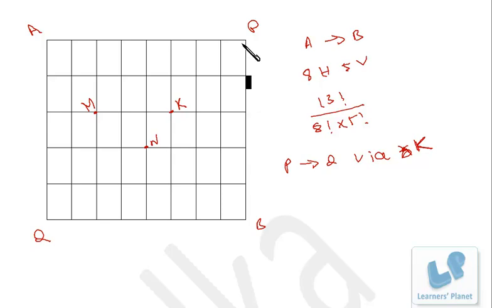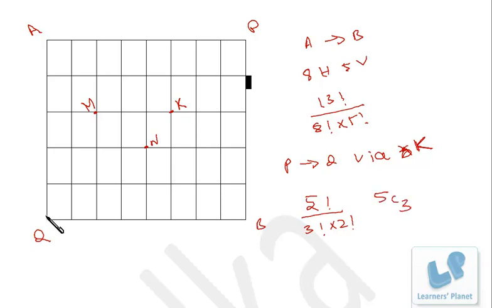We have to reach P to K. Now how many steps will be there? 1, 2, 3. 3 horizontal and 1, 2, 2 vertical, right? So the same way 5 steps are there, and 5 factorial, 3 horizontal, 2 vertical. So these are the number of ways from P to K, right? So this is 5C3.